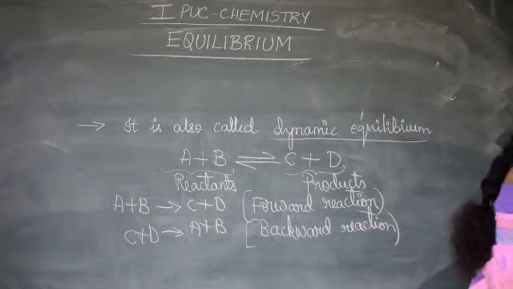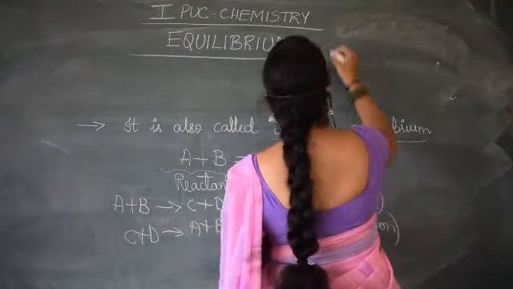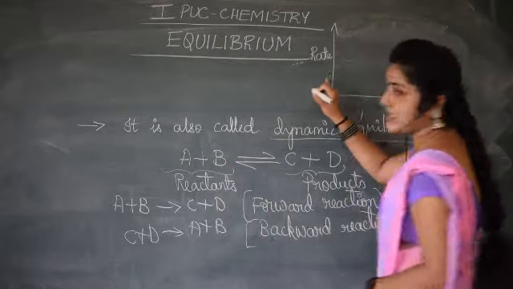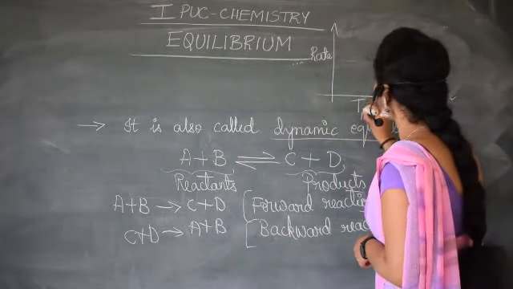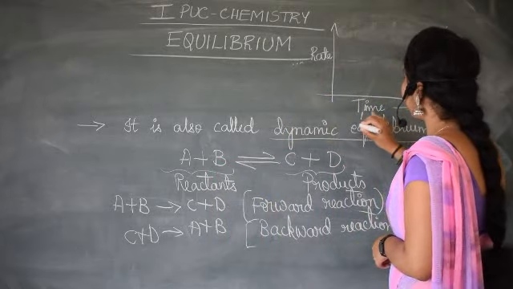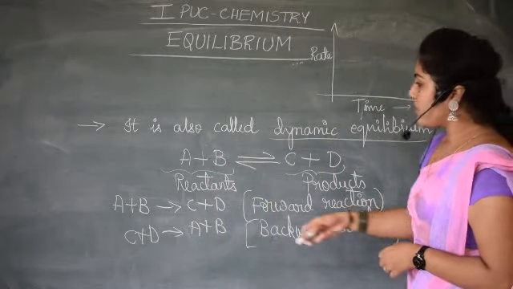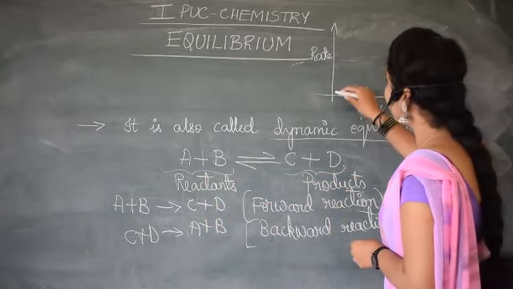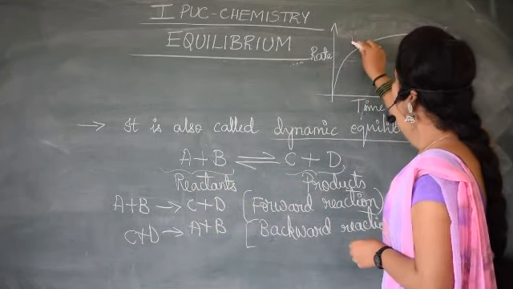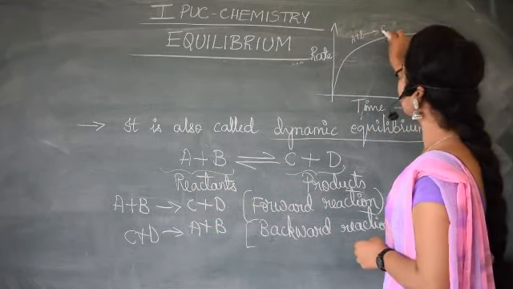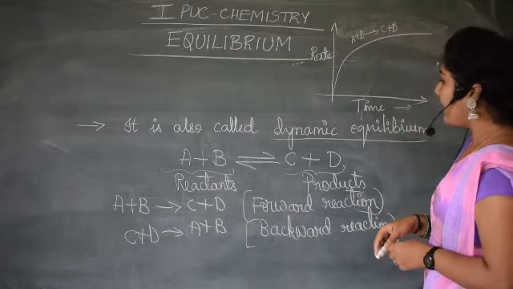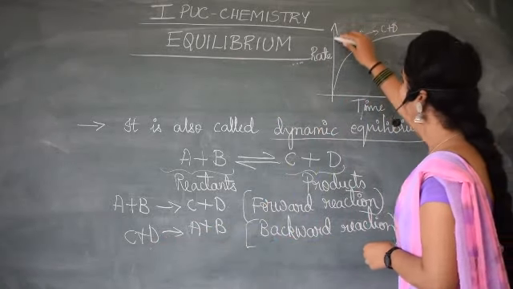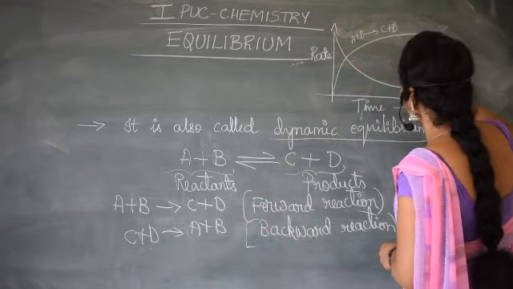So if we plot a graph of rate versus time, rate means the velocity of the reaction with respect to time, how may it look? Let us plot a graph for A plus B forming C plus D, that is reactants forming products. So if this is the graph for A plus B giving C plus D, that is the forward reaction, then for the other reaction, C plus D giving A plus B, this is the graph.